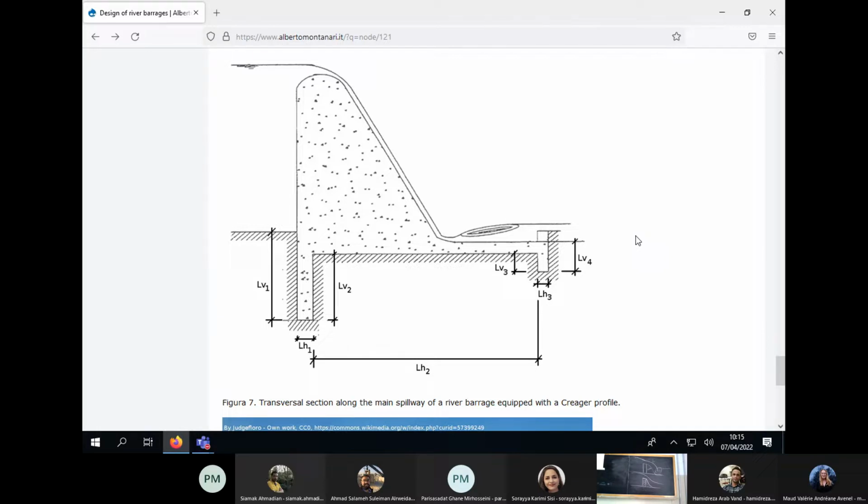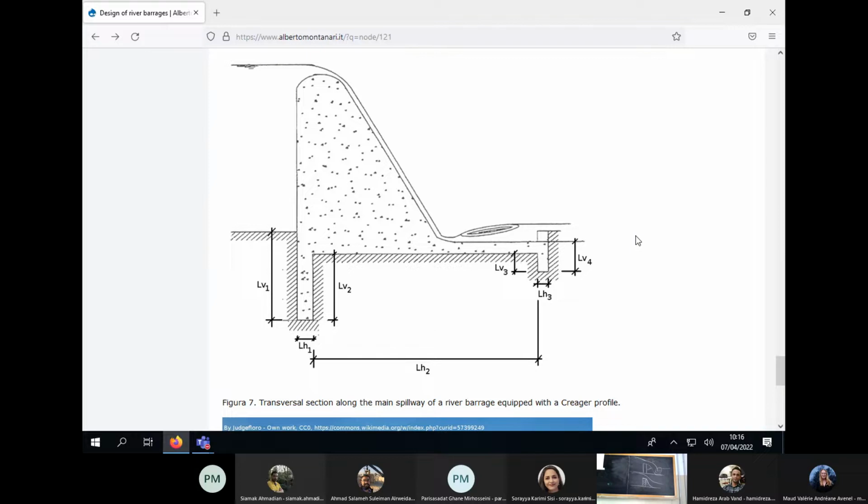all the vertical components, and therefore LV1 plus LV2. We don't assume that water remains in the deep soil. Water has the tendency of emerging again, and therefore water here, in this case, would go upward. So we have to sum LV1, LV2, LV3, and LV4.